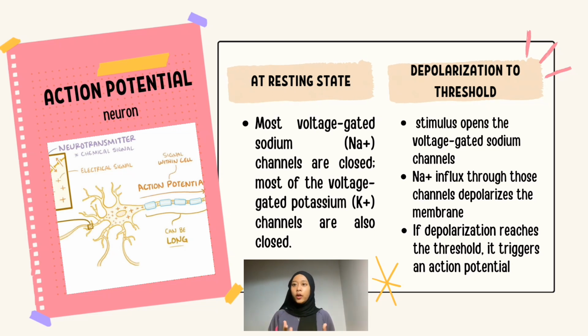Second, depolarization to threshold, in which a stimulus opens the voltage-gated sodium channels. Next, Na+ influx through those channels depolarizes the membrane. And if depolarization reaches the threshold, it triggers an action potential.